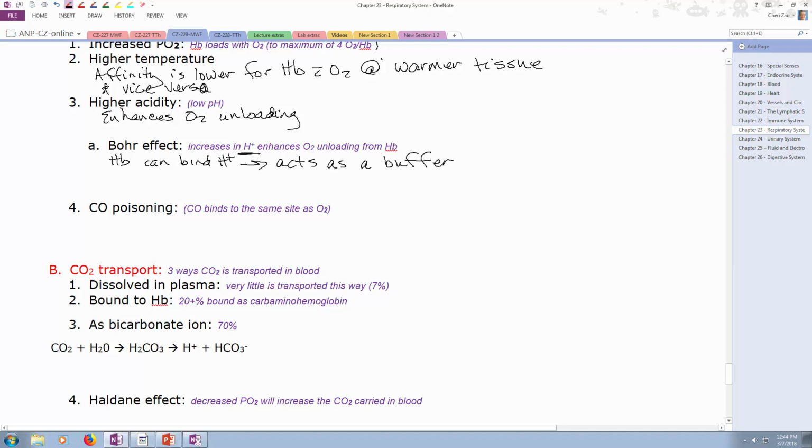When you bind protons, you kind of take them out of the mix, and so that helps to minimize pH changes. However, when we bind hydrogen ions or protons, this causes a conformational change.